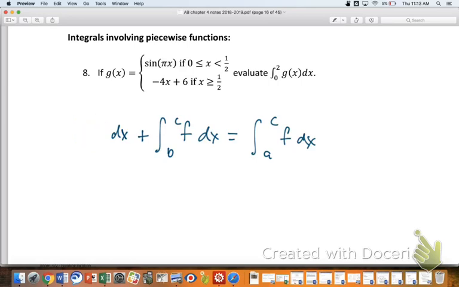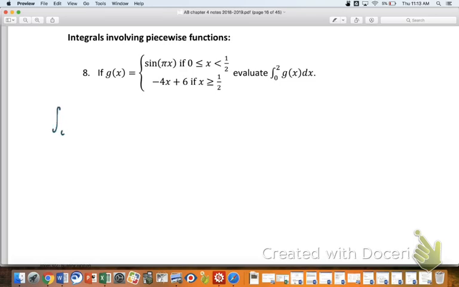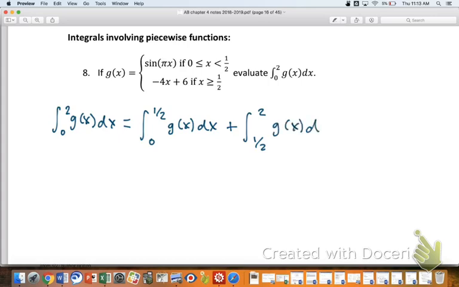But I do have an additional awesome thing which just popped out to me here. So we'd say that the integral from 0 to 2 of g of x is equivalent to the integral from 0 to 1/2 plus the integral from 1/2 to 2, like so.